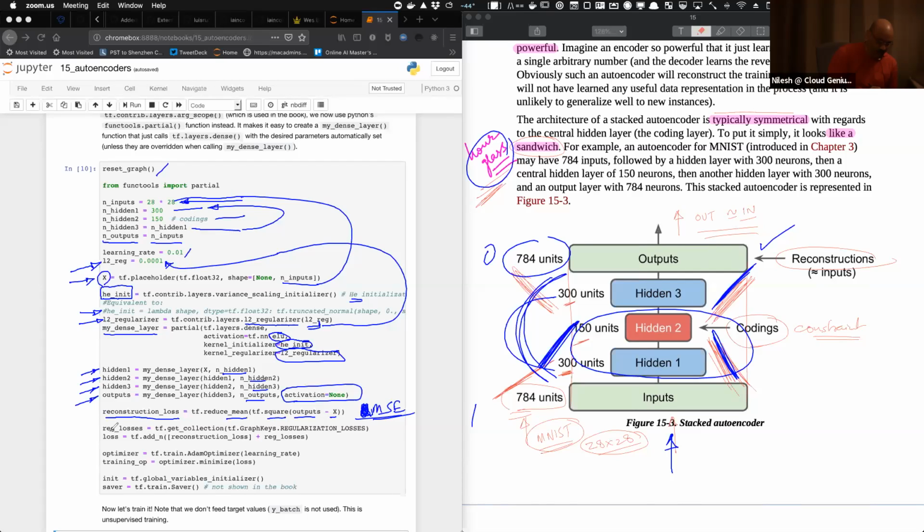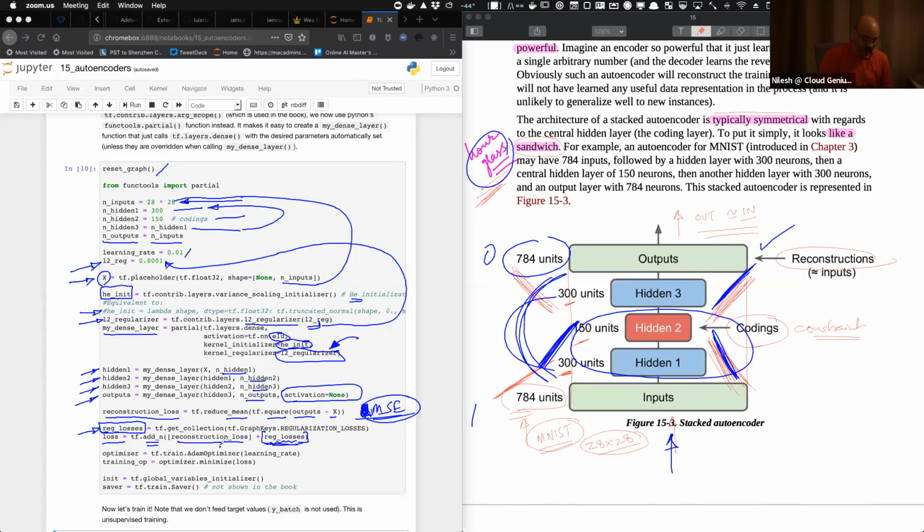Mean square error. The next idea we are doing is regularization losses. Then we are adding our regularization loss to the reconstruction loss. And this regularization loss is a factor that we are inserting as L2 regularization, which, if you recall from the first time we discussed L2 and L1 regularization, is basically forcing the loss function to be a little bit extra, added on top of the mean square error.